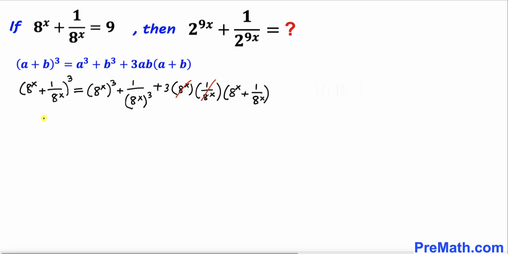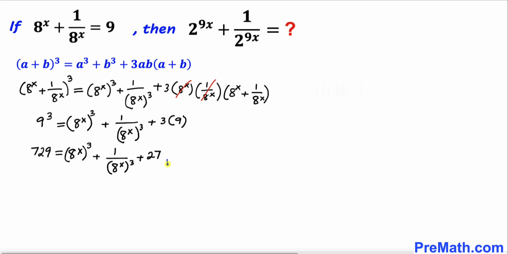So therefore the left hand side could be written as 9 power 3 equals (8 power x) whole power 3 plus (1 divided by 8 power x) whole power 3, and then plus 3 times 9. And on the left hand side, this 9 power 3 is 729, and on the right hand side 3 times 9 is 27, as you can see in this next step.